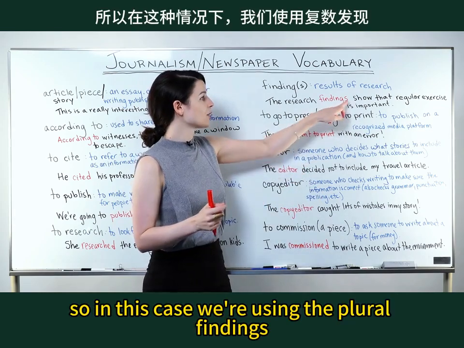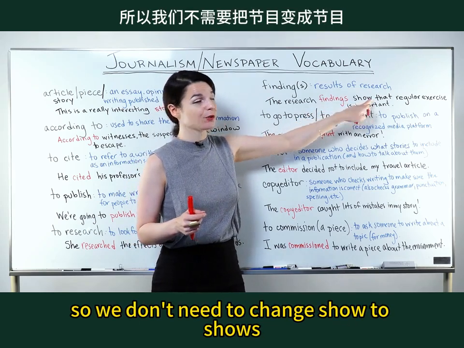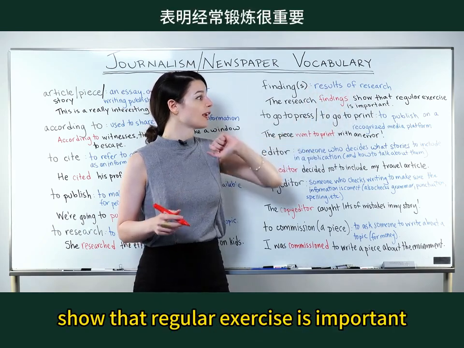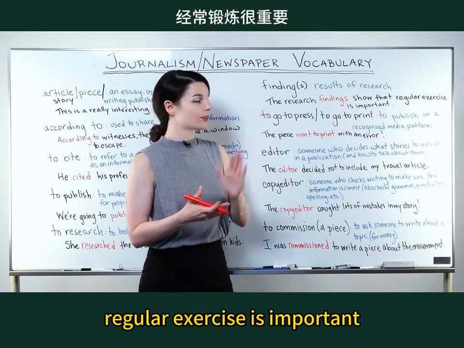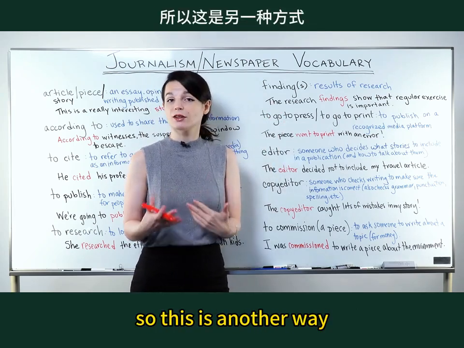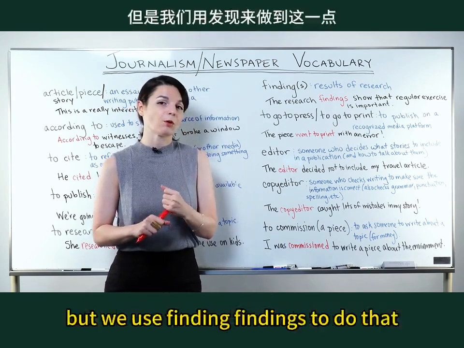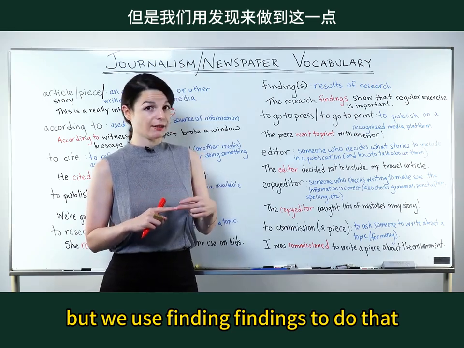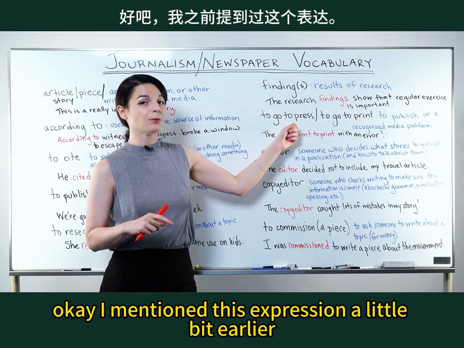In this case, we're using the plural findings, so we don't need to change show to shows. The research findings show that regular exercise is important, or we learned from our research that regular exercise is important. So this is another way to describe research outcomes or research results, but we use finding or findings to do that.